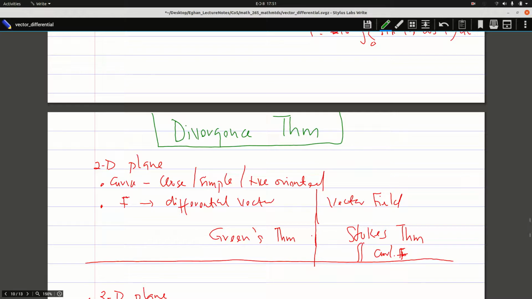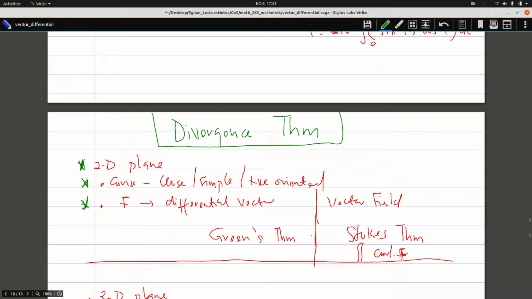To use Green's or Stokes' theorem, there are things we want to look out for. The first thing is that it would always present itself in a 2D plane. The second thing is that the curve is closed, simple, with some positive orientation. And then the function f can be in a differential form or a vector field.